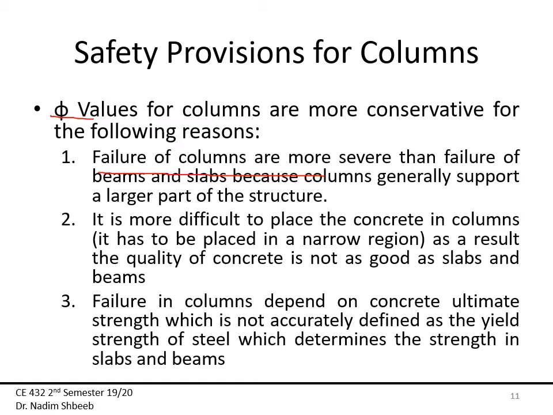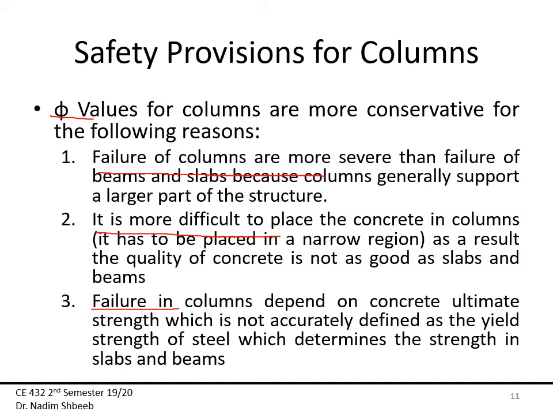Okay, so that's the main reason. The other reason, obviously, is that it's more difficult to place the concrete in columns. If you go to any construction site and see how they pour concrete in the column forms, you can see how difficult that is and how narrow that is. It's not as easy as pouring concrete for slabs and beams.